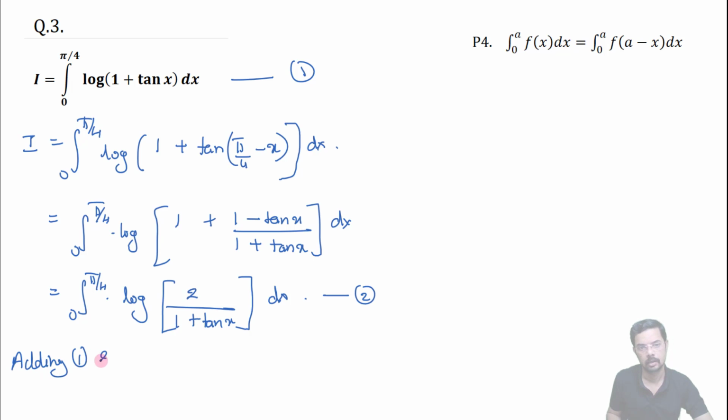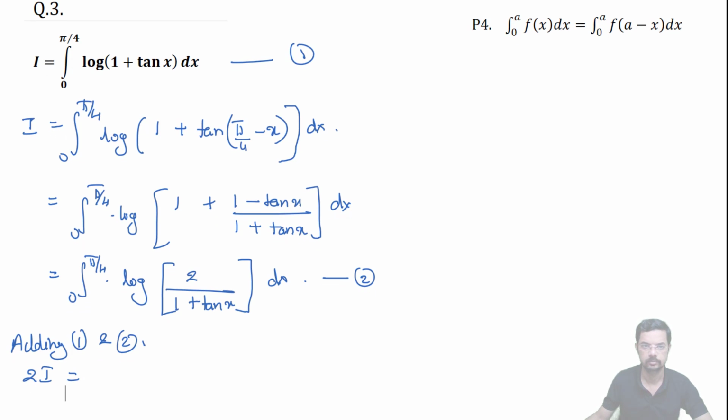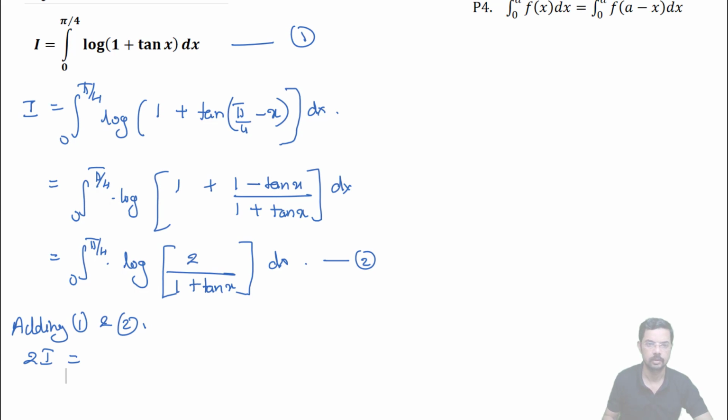Adding equation 1 and equation 2, we get 2I. 2I will be equal to, look here, this is the first one, and then this is the second one. The second one can be written as log 2 minus log of 1 plus tan x.